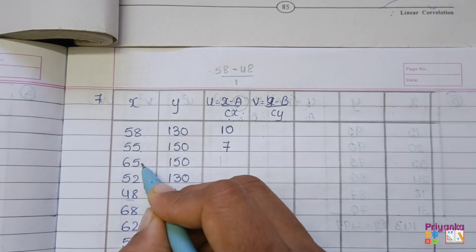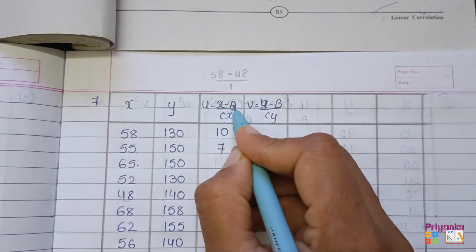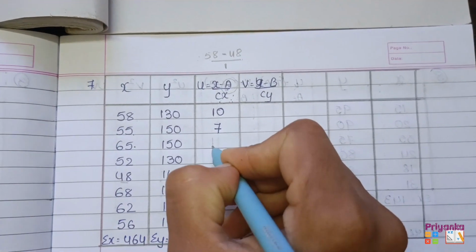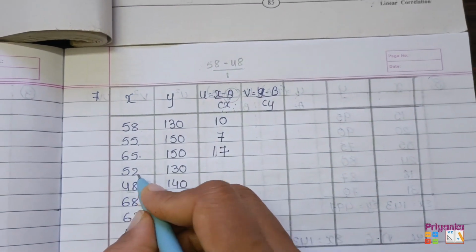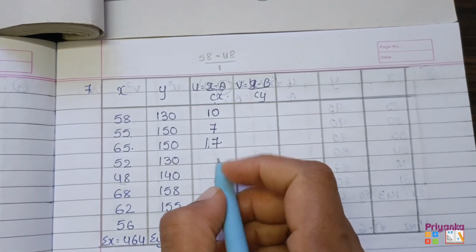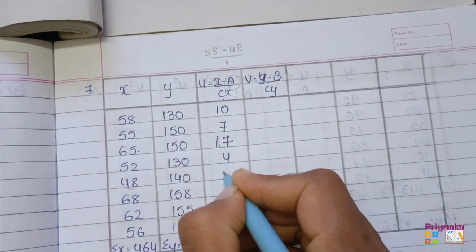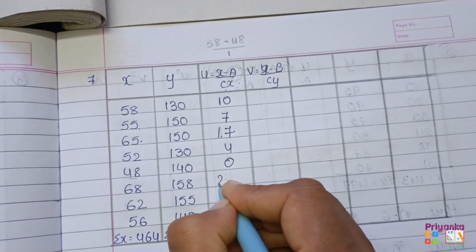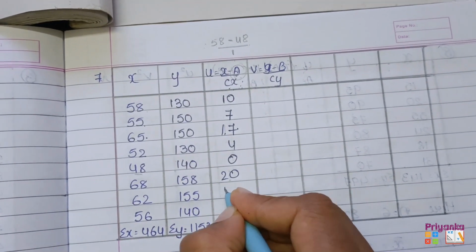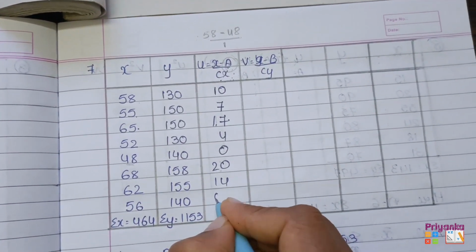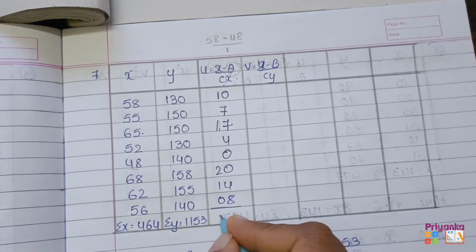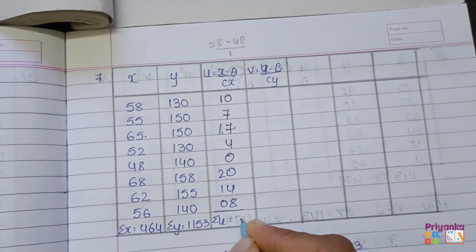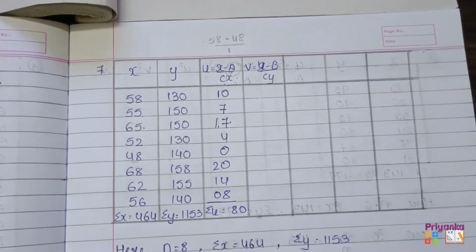X 65 minus 48 divide by 1, you will get 17. 52 minus 48 divide by 1, 4. This is how. Please continue with the remaining. And here we get the total of u 80, that is sigma u is equal to 80.